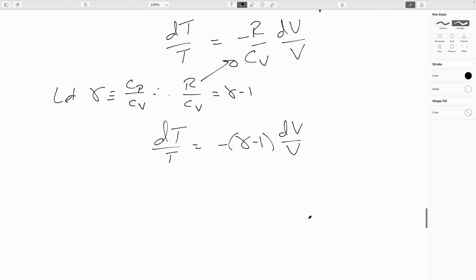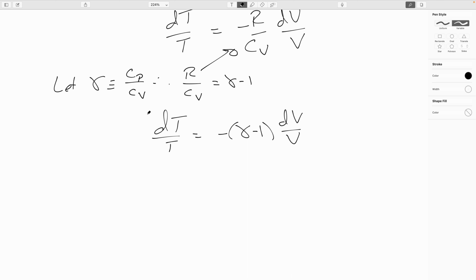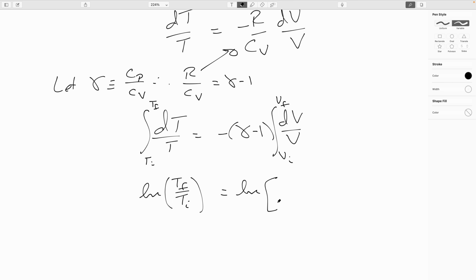I'm finally set to integrate both sides. So I will integrate this from the initial to the final temperature, as long as I do the same thing from the initial to the final volume. So this gives me the natural log of T final over T initial is equal to the natural log of V initial over V final to the gamma minus 1.